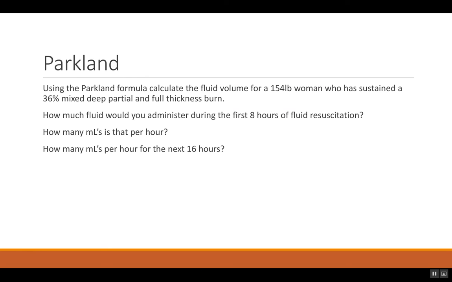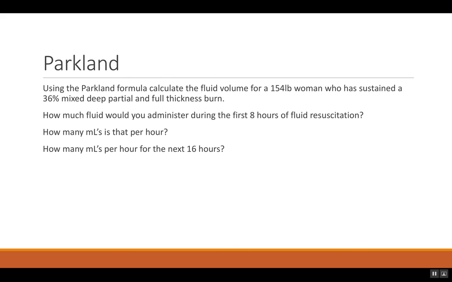Using the Parkland formula, calculate the fluid volume for a 154-pound woman who has sustained a 36% mixed deep partial and full thickness burn. So the amount of fluid would be 154 divided by 2, which is going to give you the kilograms, times 35, which is the percent. It should have been 36, but I think I did it wrong.